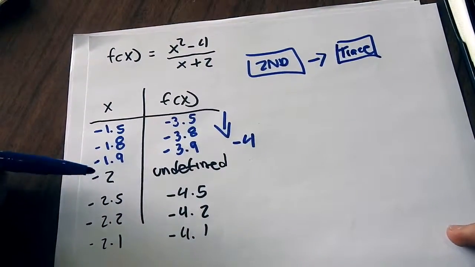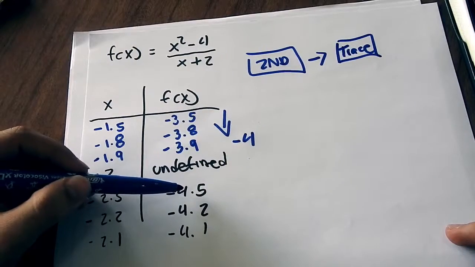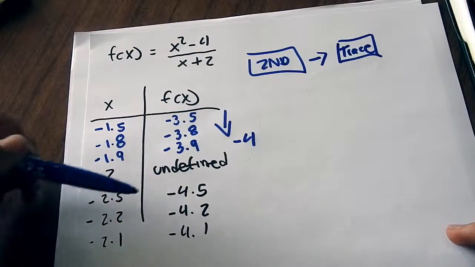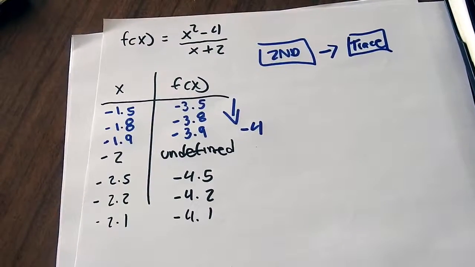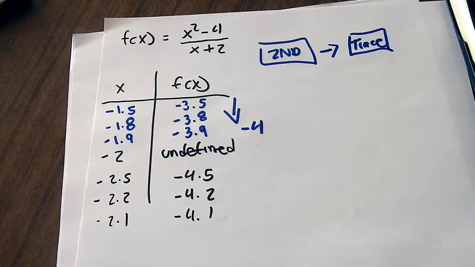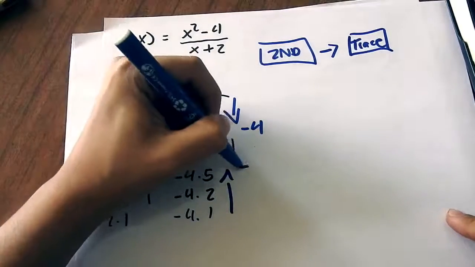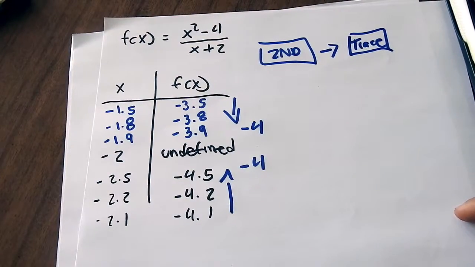And from this side, as you can see, -2.5 is -4.5, -2.2 is -4.2, -2.1 is -4.1. If I make it -2.01, it is going to be -4.01, which is basically -4. So we are also getting close to -4.